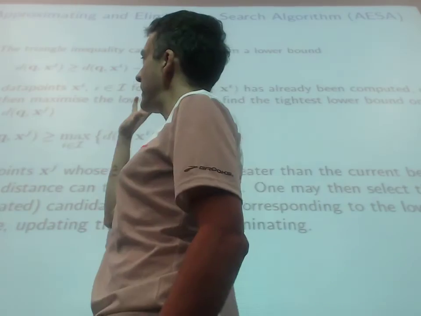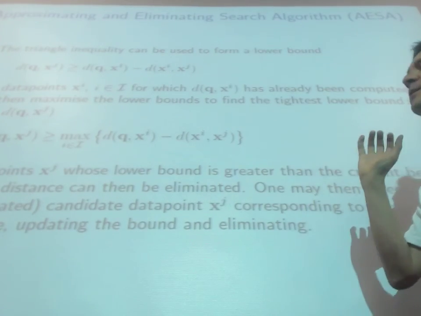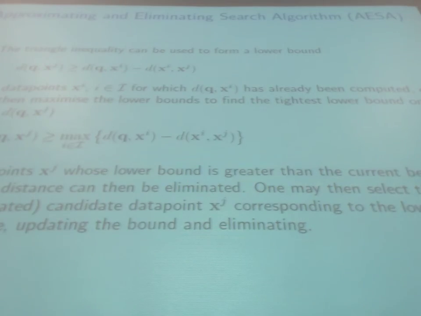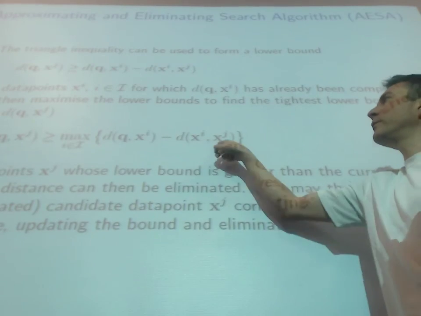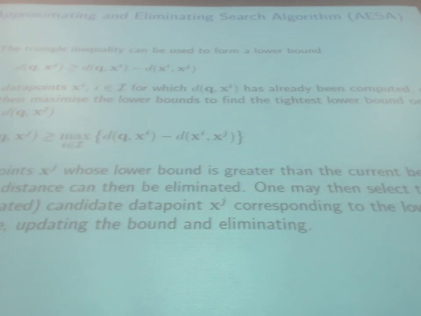So let's say, to make it more clear, let's imagine you start off and you haven't calculated anything yet, no distances, okay? Except you come along with i as your first candidate nearest neighbor. So you calculate this distance d(q, xi). These ones were already pre-calculated from your matrix.